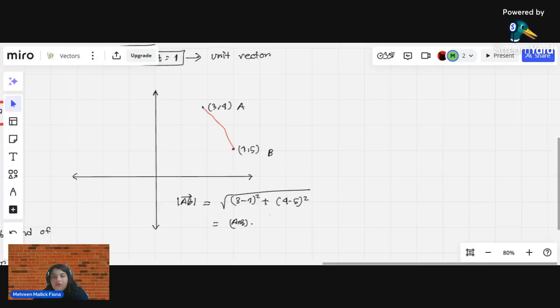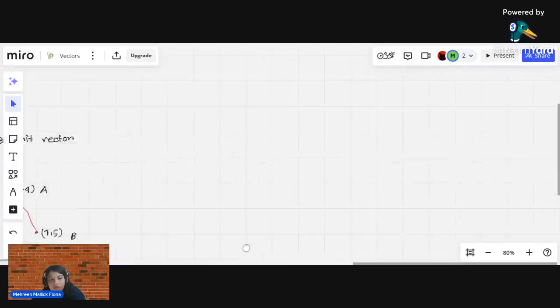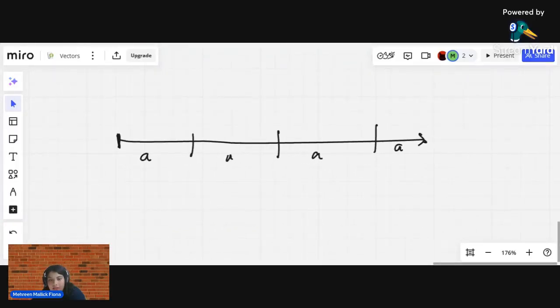So moving on to the unit vector. Let's say I have a straight line and I'm going to divide this into four equal parts. So this one is a, this one is a, this one is a, this one is a, and my overall vector, let's say A, is 4a.